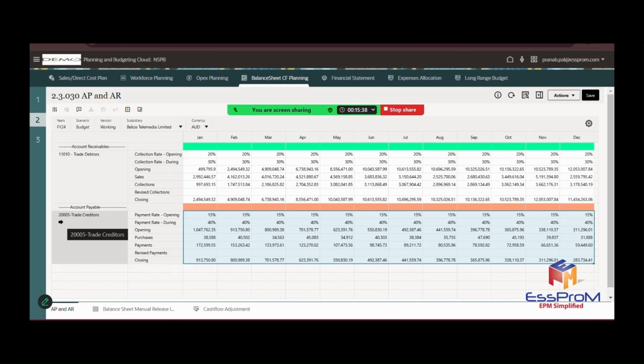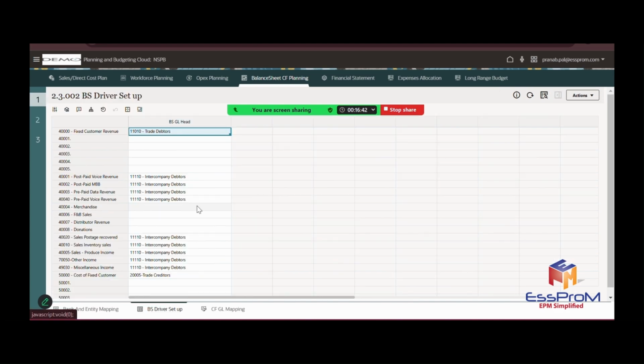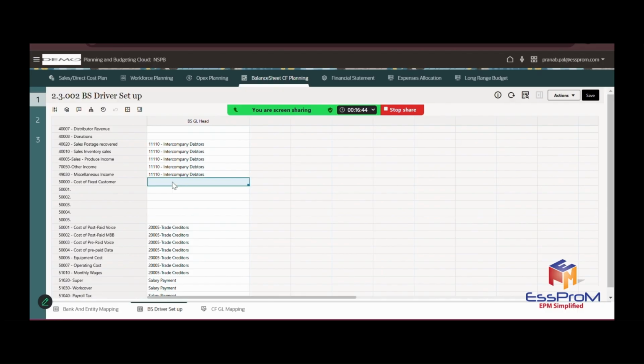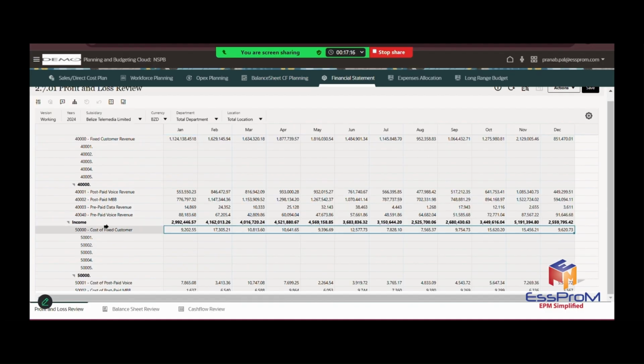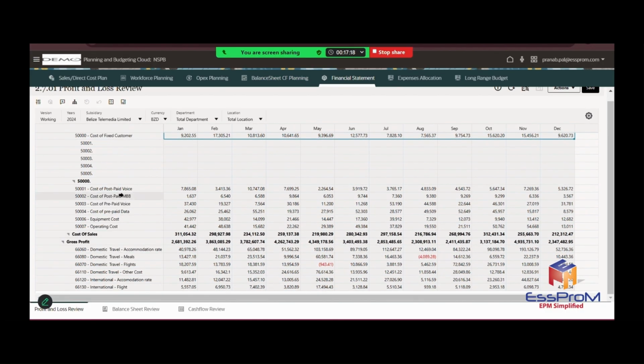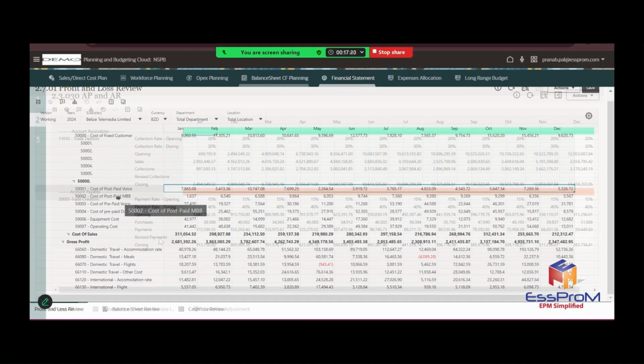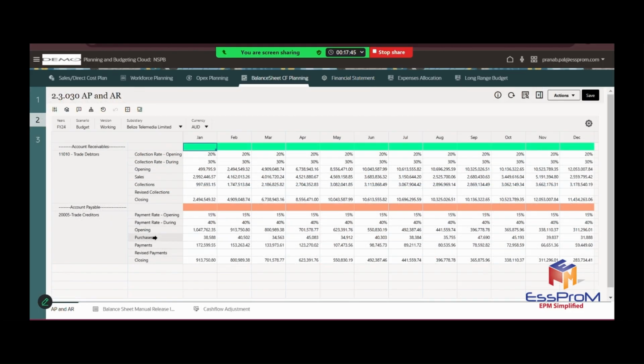Now for the account payables, the purchases of the company are posted on this opening balance. Purchases is how much it is purchasing that month, and the data flows from setup where we have mapped the trade creditors. If we go to financial statements, we will get to see the values under total department and total location. The payment rate opening is how much we are paying from the current opening balance.